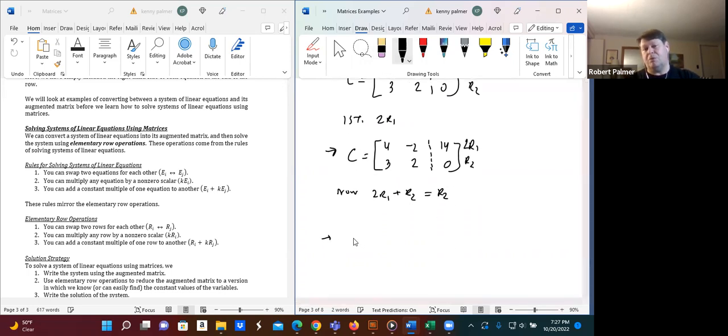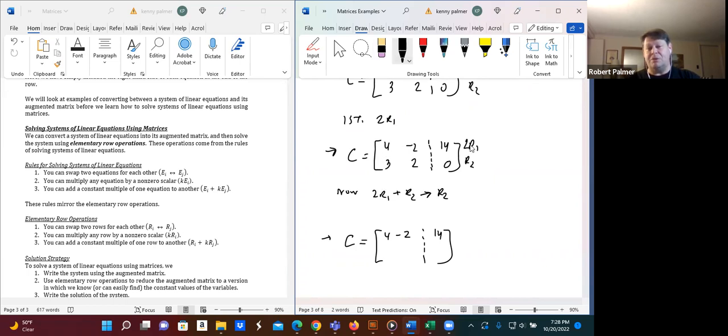Okay. What we have now is my new row 2, which is 4, -2, and 14. Now what I'm going to do is simply add these. This is much like the elimination method. So I'm going to add this to row 2 and replace, this is a directional sign, I'm going to replace this row with that.